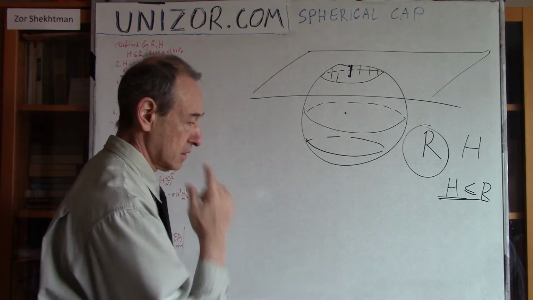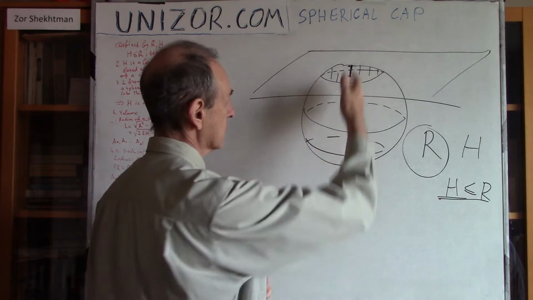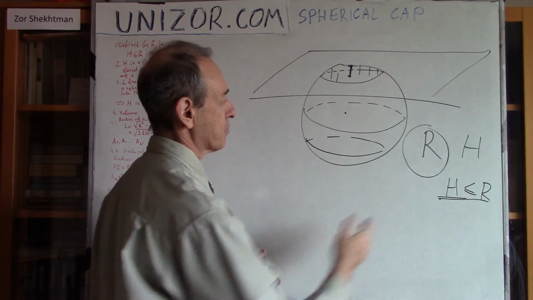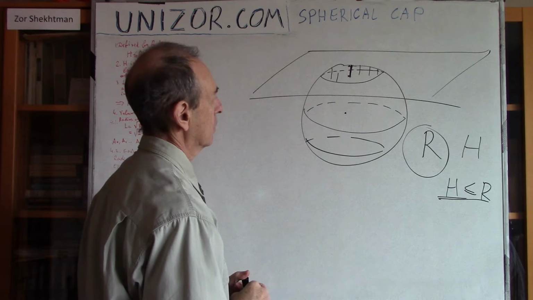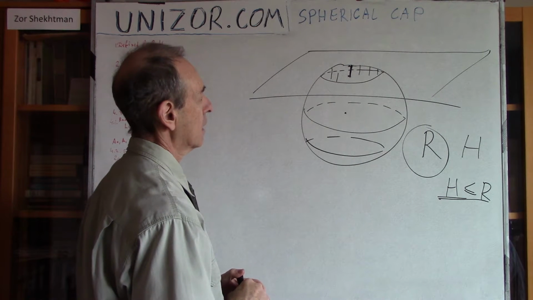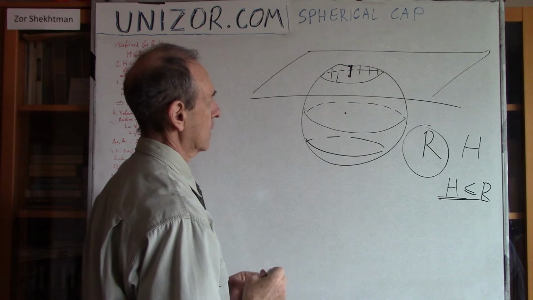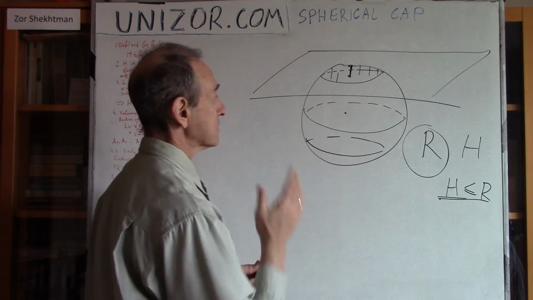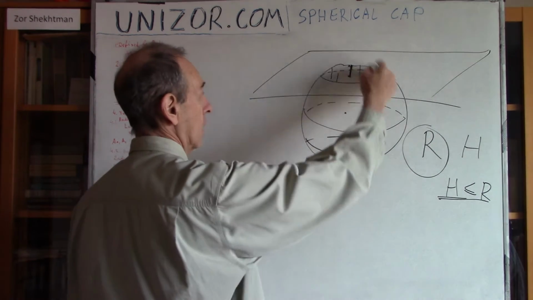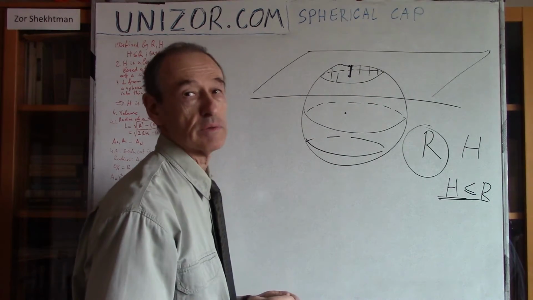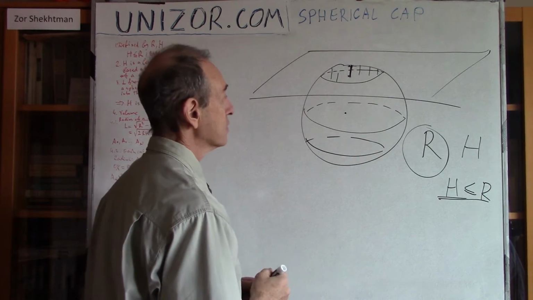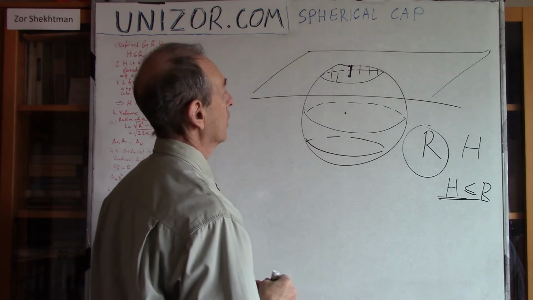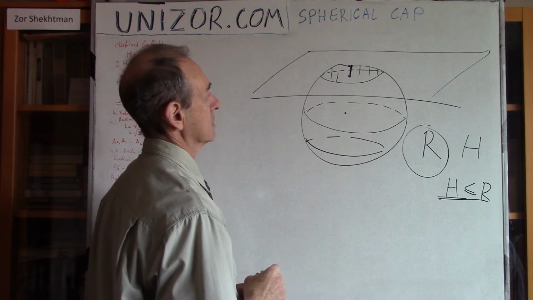Now let's talk about which exactly piece of this geometry represents the height of the cap. Let's consider that we have some point on the surface of the dome of the cap from which the perpendicular down to the base is the longest. So what can we do about this?